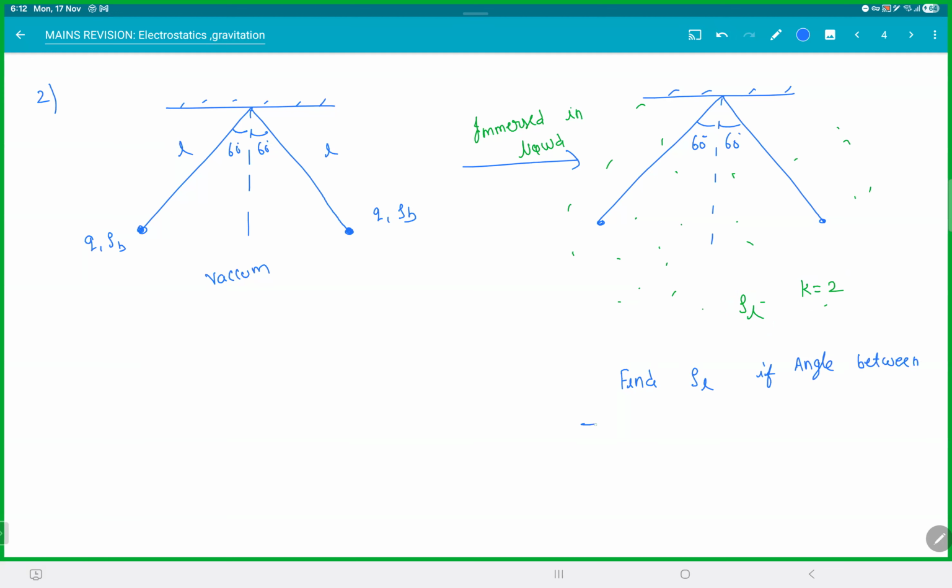Find the density of the liquid if the angle between them remains the same even after immersing in the liquid. Gravity is there. System is in equilibrium.